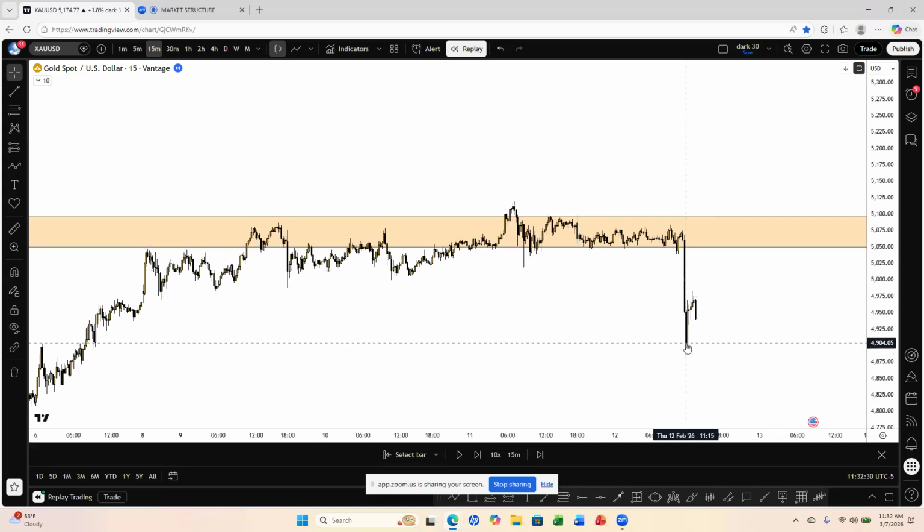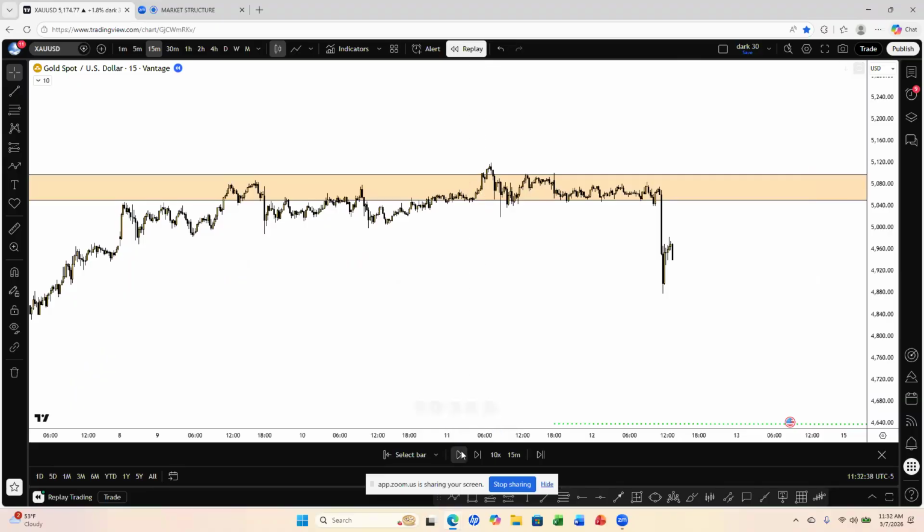You can get money off of this, but you've got to know how to do it. I don't know if I want to show this one because of what it did, because this just created a double bottom. Yeah, I know what you're saying, it could be deceiving.